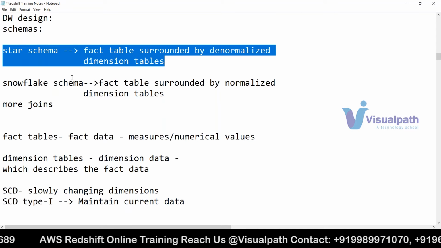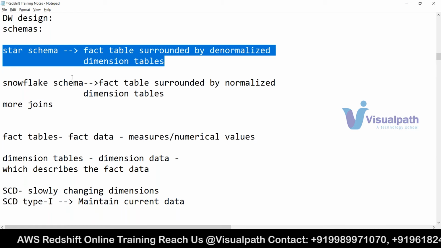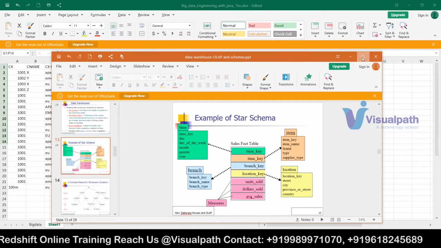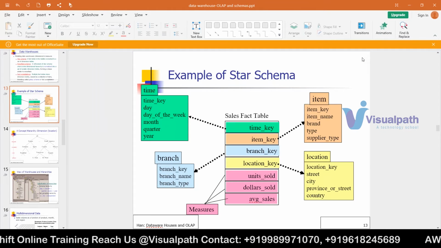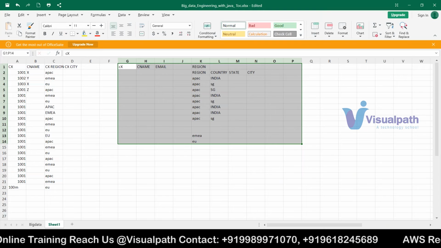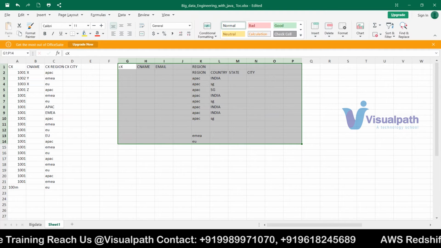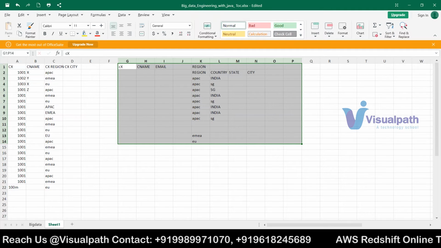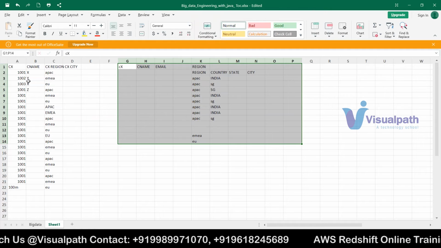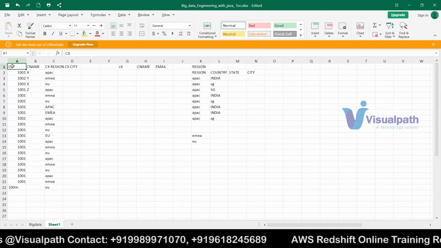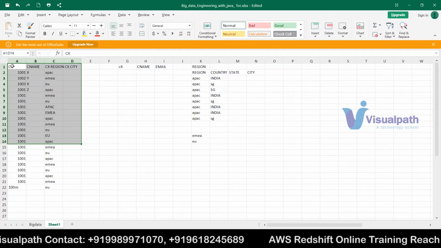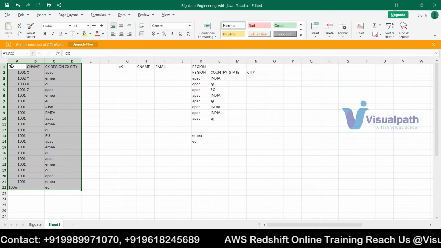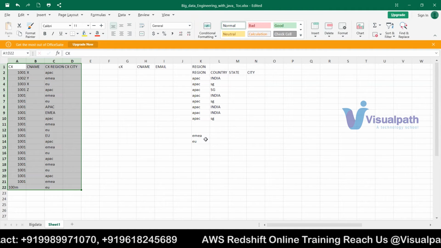Krishna, you have a question? Yes. The first one, column A to C in the Excel, you are saying this table is denormalized? Yes.